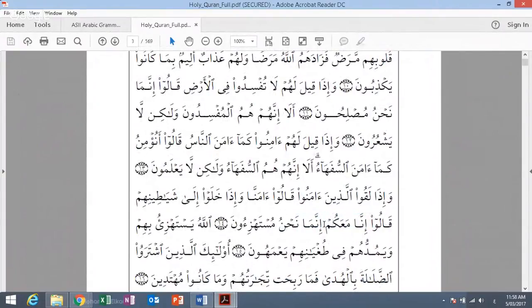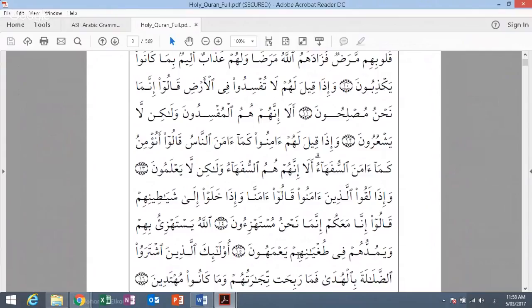Ma'akum. Dhamir muttasil, hazir, jama muzakkar hazir. Very good. Kum means you, jama. If ma'aka, for example, it is wahid muzakkar hazir; ma'akuma, tasniya muzakkar hazir; ma'akum, you all.